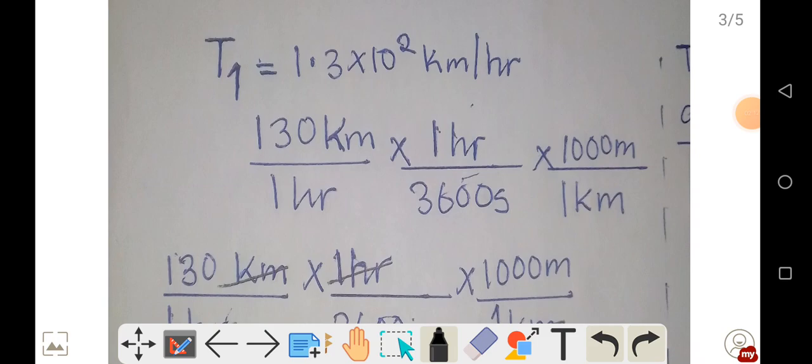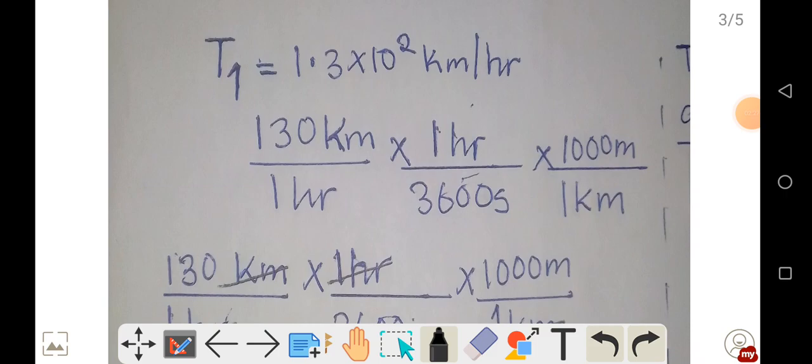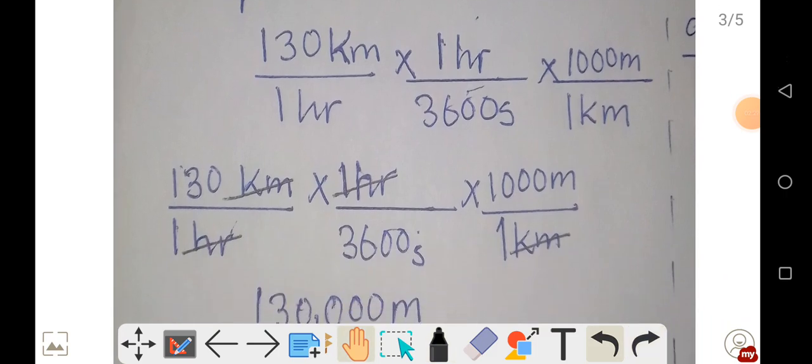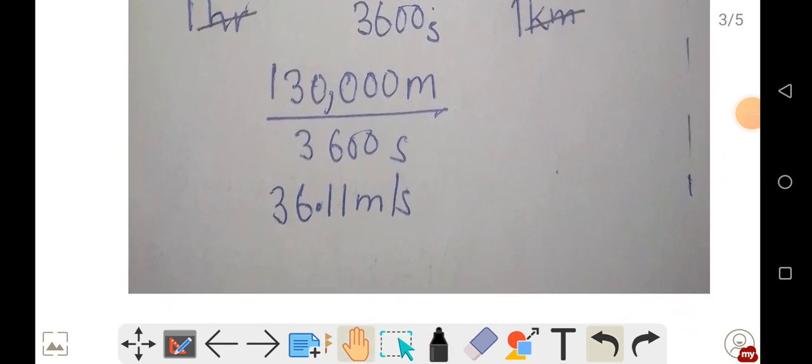Then 1,000 meters is equivalent to 1 kilometer, which we have written there. That's the relationship. So at this point, we can punch this on a calculator. When we do that, we are getting the speed to be 36.11 meters per second. So this is the speed for train 1.